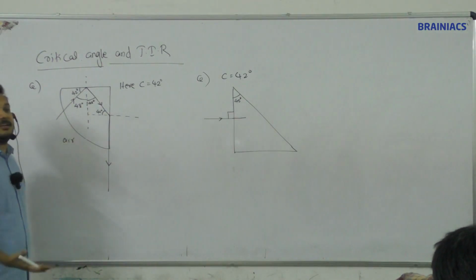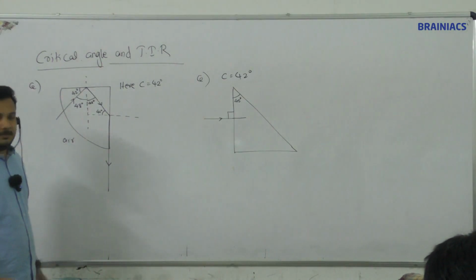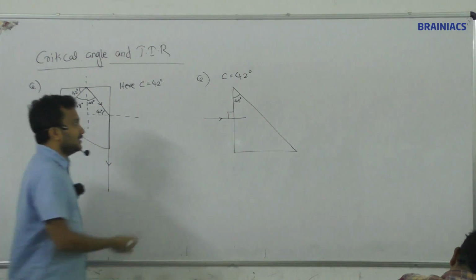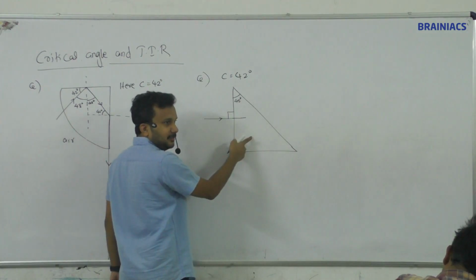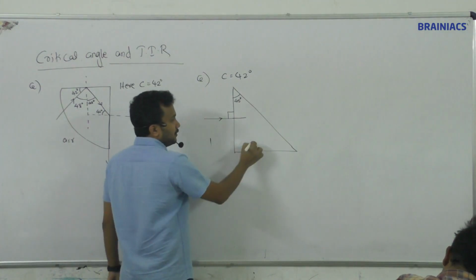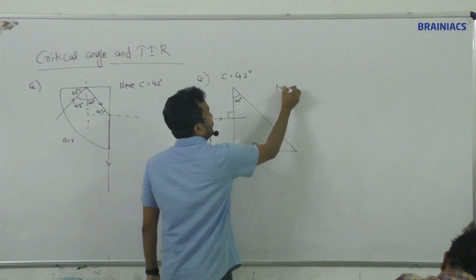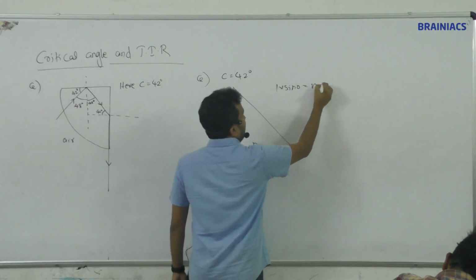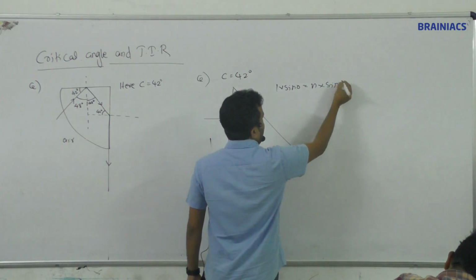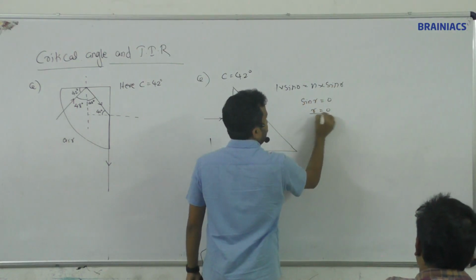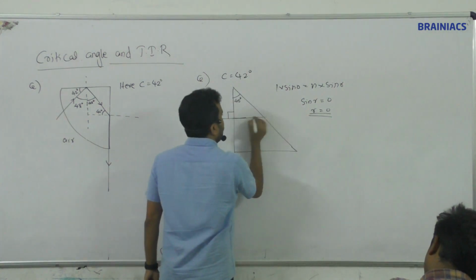But what will be the refracting angle? 0, because if refraction happens you can apply Snell's law. Applying Snell's law, sine of 0 equals n times sine of r. So sine r equals 0, r equals 0. So this ray will go straight like this.